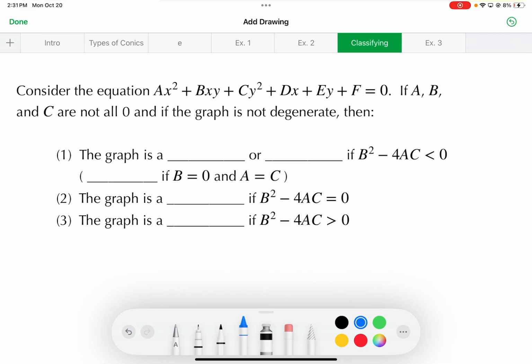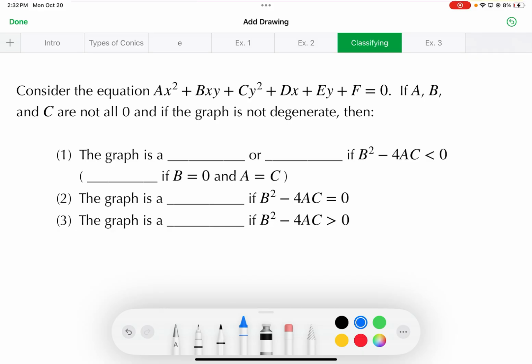Okay, now let's take this another direction, all right? Consider the equation ax squared plus bxy plus cy squared plus dx plus ey plus f equals 0. As long as a, b, and c are not all 0, then the graphs of these are going to represent a conic.